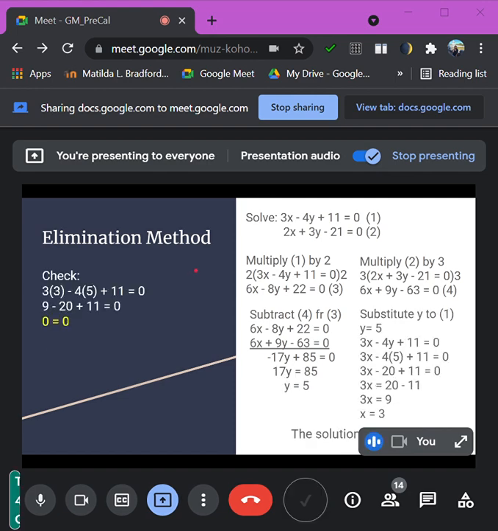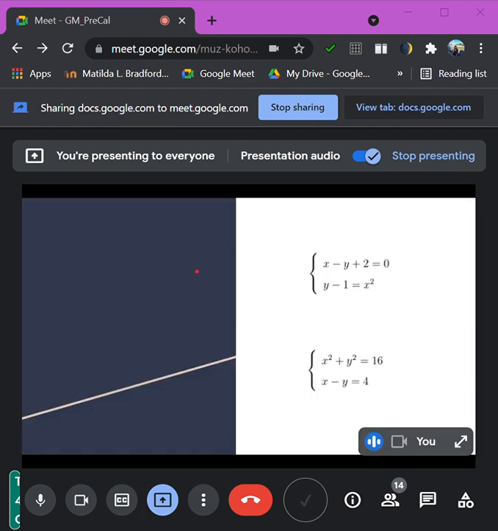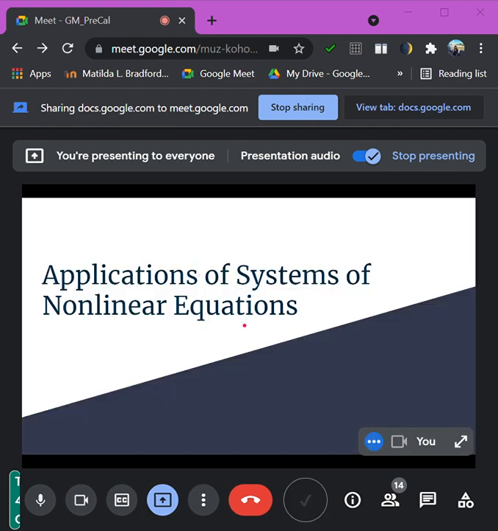So since you already understand, let's proceed now with the applications of systems of nonlinear equations. So here in this lesson, as you can see in our previous discussion of elimination or substitution, the highest degree there is 1, which means there is no exponent, or the exponent is an invisible 1.